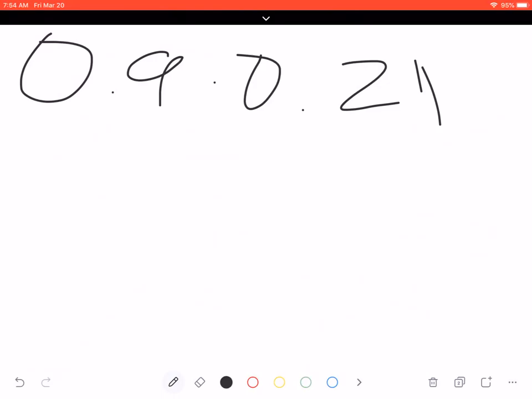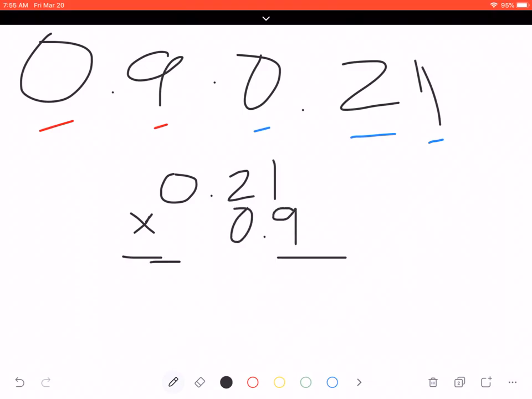So what I do when I do the standard algorithm is I want to look for a number that has more digits in it, which in this case would be 21/100, because I'm going to rewrite it, and when you're multiplying decimals, you don't worry about lining up the decimals, you're just lining up the digits, and then you can just use the standard algorithm.